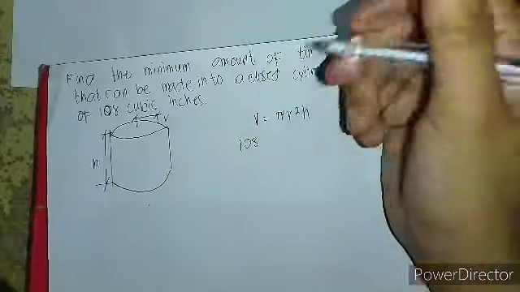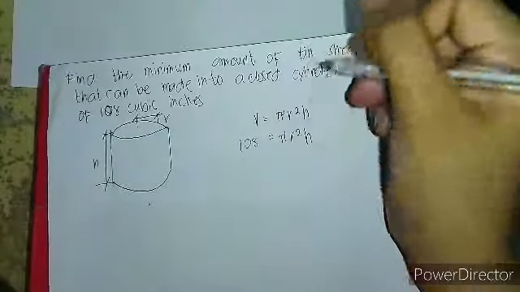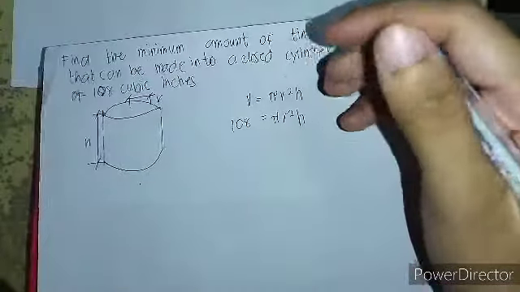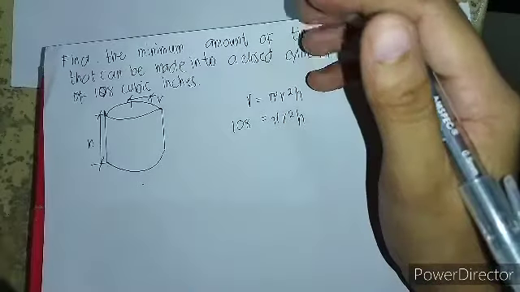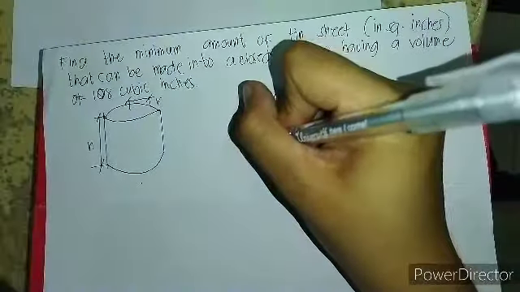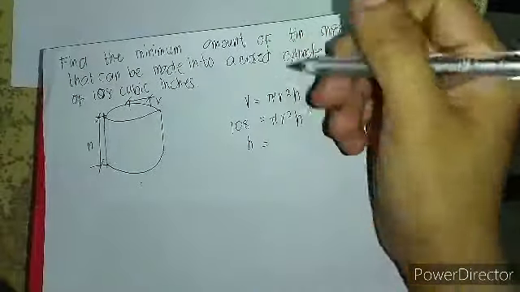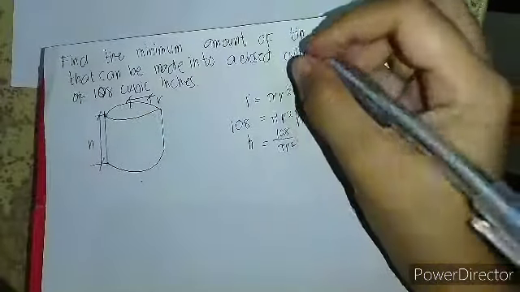So 108 is equal to pi r squared times h. We need to get the formula for h, so we manipulate this using basic algebra. We get h equal to 108 over pi r squared.